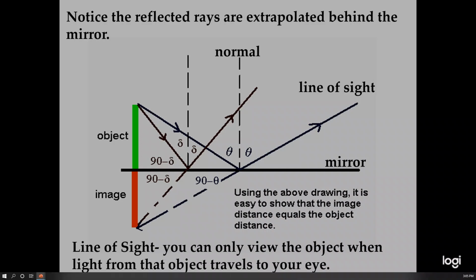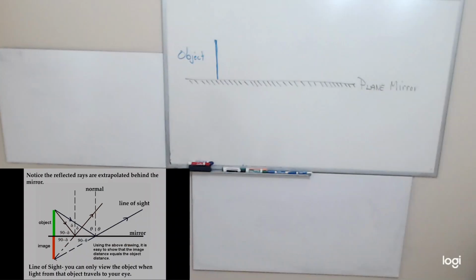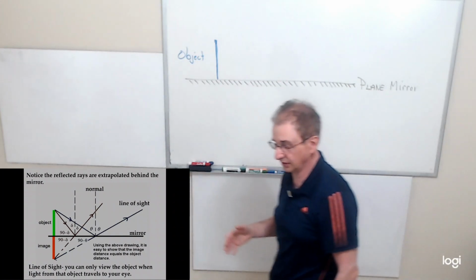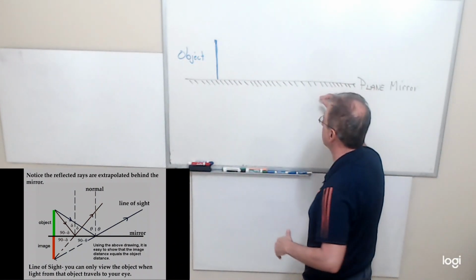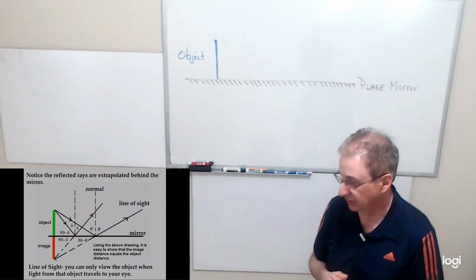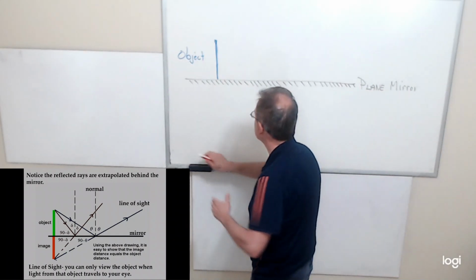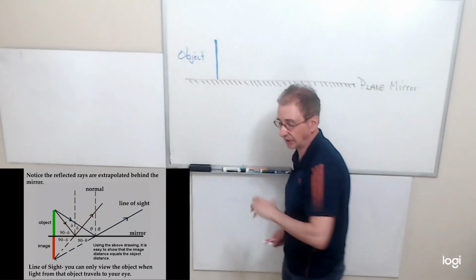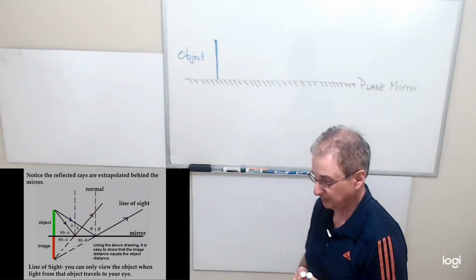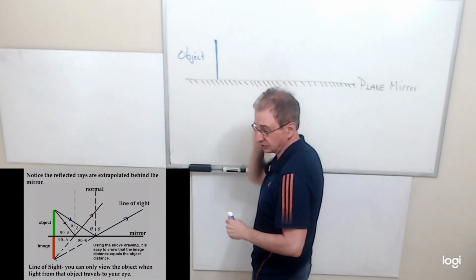So I'm going to go to the board, and I have basically the same drawing as you see on the screen, and I'm going to do what's called a ray tracing of this system. I have the mirror here and I have the object here. This object has all sorts of light rays hitting it. There's light coming in all directions off the object.